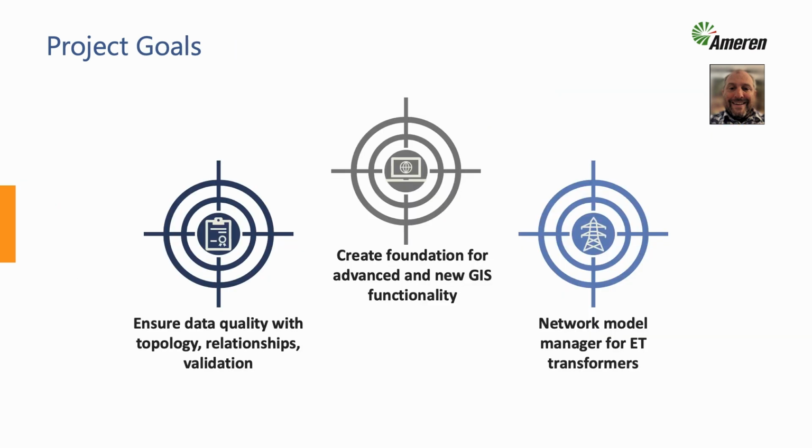So the project goals were, again, to ensure data quality, and that is by making sure we have good rules in place for all of our relationships within the data and our network model, so that there would be topology checks and validation when editing, which we'd never had as well developed in our old, less networked model.